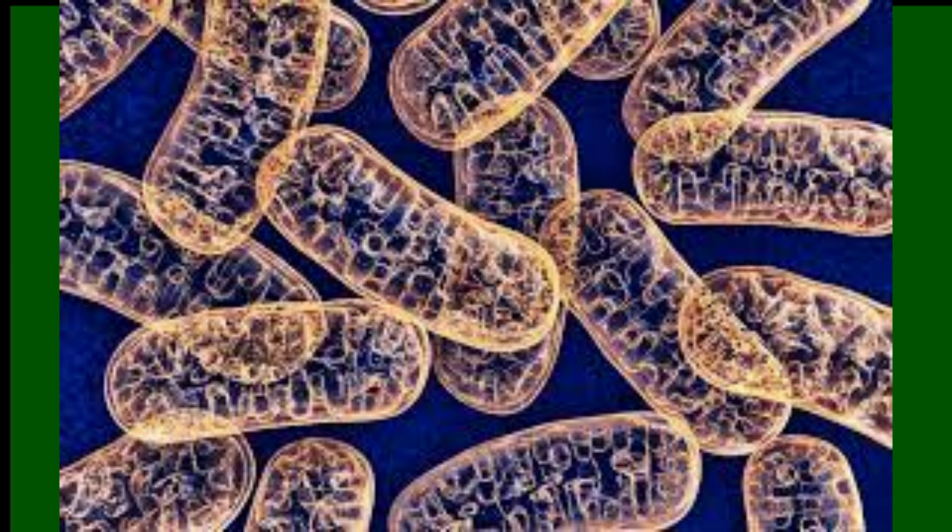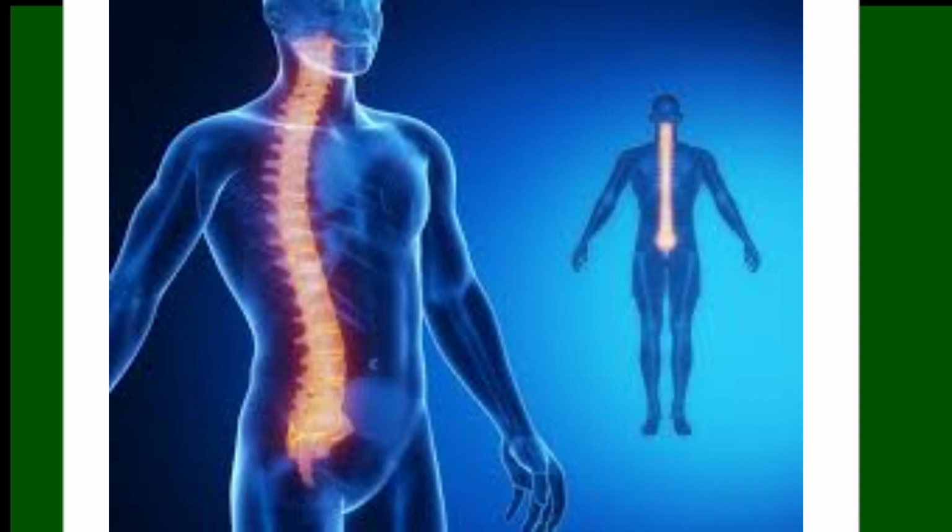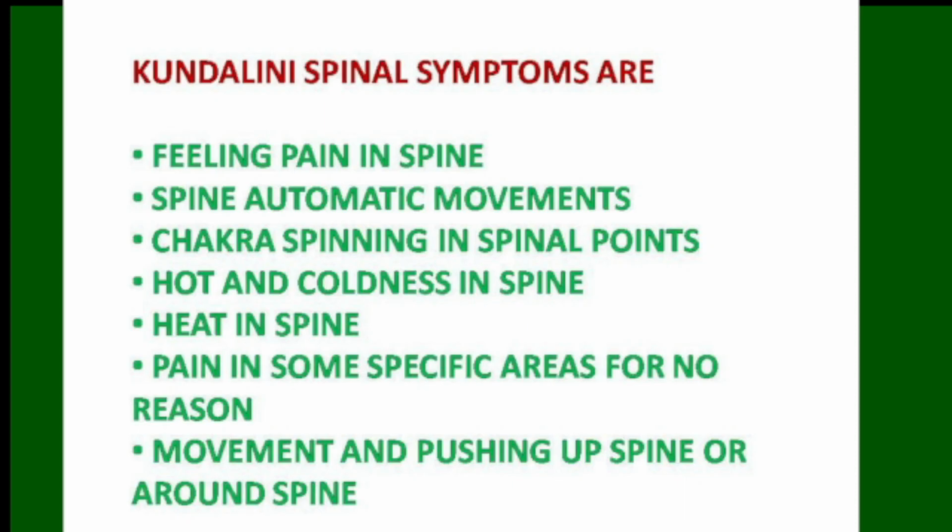The energy that we get from the food we eat may not be sufficient for the process to happen. When the mitochondria in our body are working to create a second source of energy supply, we will feel a lot of heat, especially in the pelvic bowl and around the spinal area, because this is where most of the mitochondria is present when we talk in terms of the spinal region.